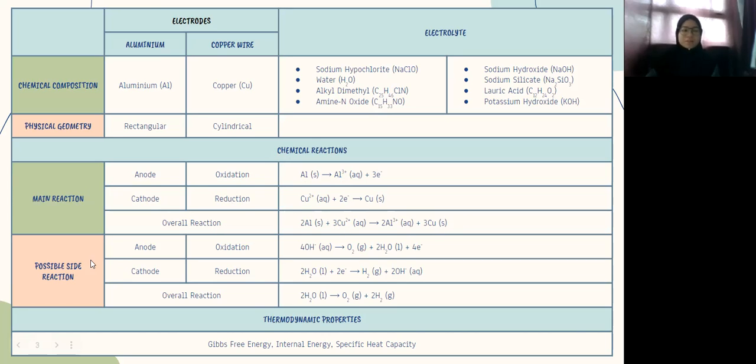For the possible side reaction, hydroxide will undergo oxidation at the anode, while water will undergo reduction at the cathode. So this is our chemical equation. The thermodynamic properties involved in this voltaic cell are Gibbs free energy, internal energy, and specific heat capacity.